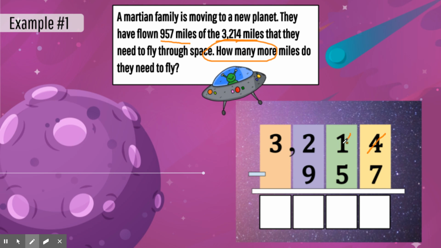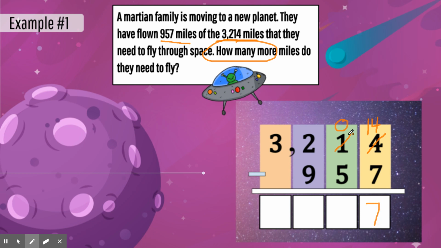So I'm going to come next door and borrow from my 1. My 1 becomes a 0. I'm able to bring that 1 next door to my neighbor, bring my 4 up, and I get 14. So now I can subtract my ones column. 14 minus 7 is 7.